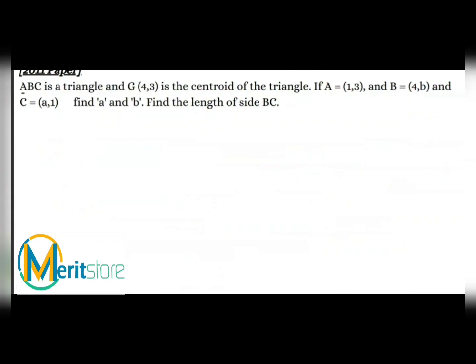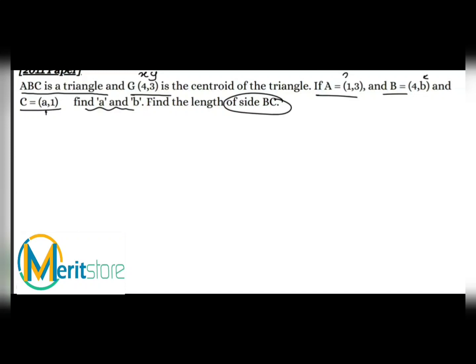So here I have a question. ABC is a triangle. G, which is a centroid of the triangle. I have point A, B, and C. There are certain points missing in point B and point C. We have to find that, and we have to find the length of BC. So I'm going to take the centroid as x and y.